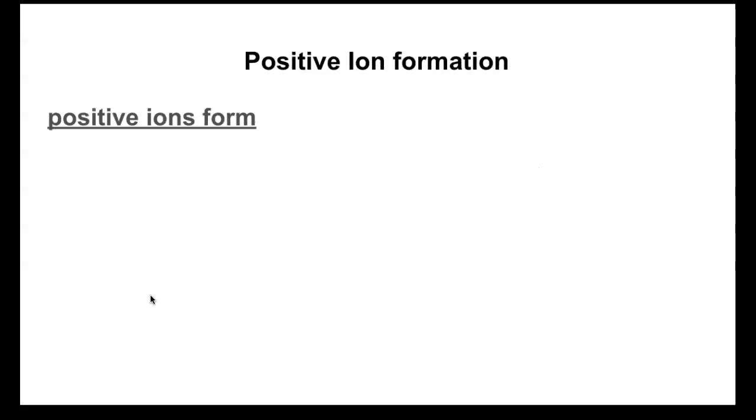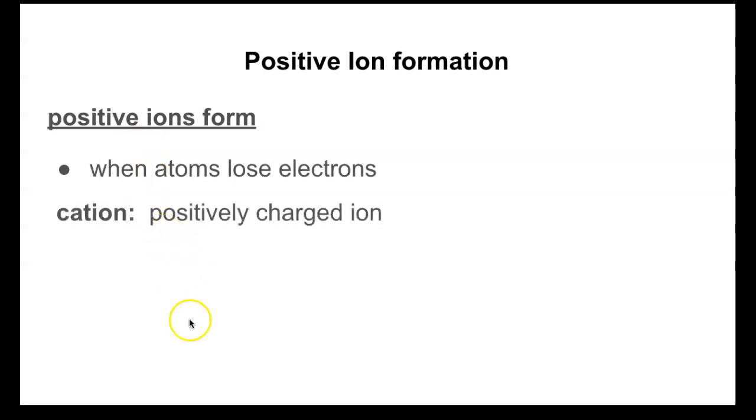Okay, we want to talk a little bit about positive ion formation. Positive ions form when atoms lose electrons. You should remember that. And positive ions are called cations. So whenever we have a positive ion from now on, let's say calcium +2, you can't call it just the calcium ion.